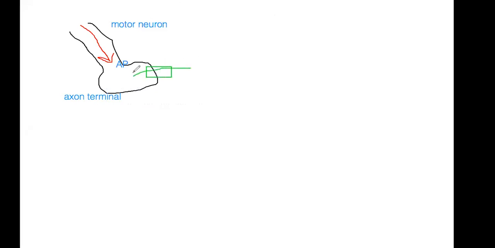And calcium is going to come into the neuron. Okay, so calcium is an ion, and again, that action potential is an electrical signal. So that electrical signal is going to open up these calcium channels, allowing calcium to come into the neuron.